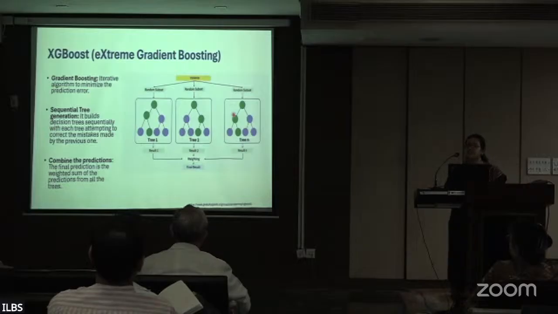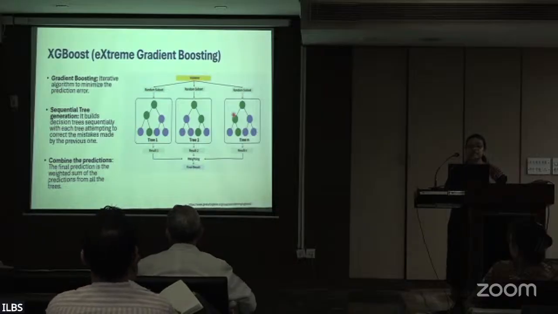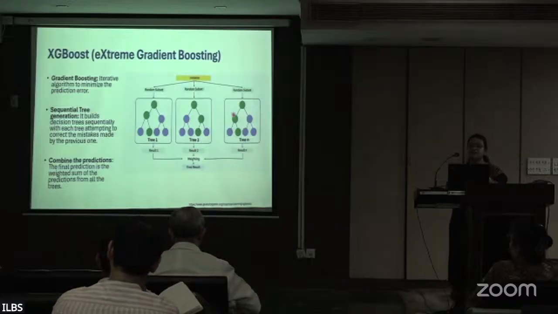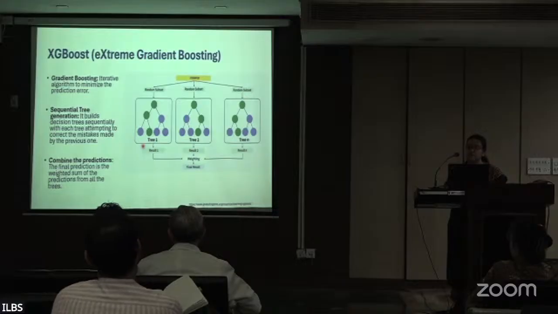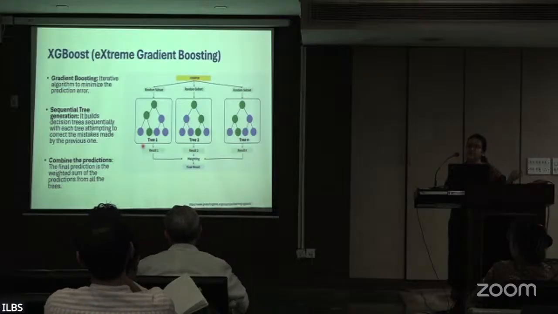So XGBoost is the current tree-based algorithm. It is an ensemble model. You will frequently find the word ensemble in papers and articles. Ensemble means a combination of different processes. So this is a combination of different decision tree mechanisms, and it sequentially improves by learning the error from the previous tree.